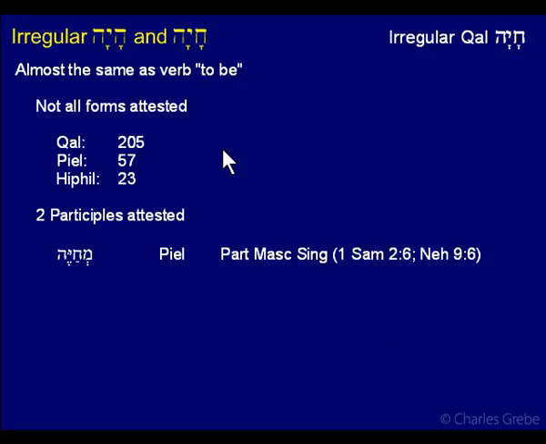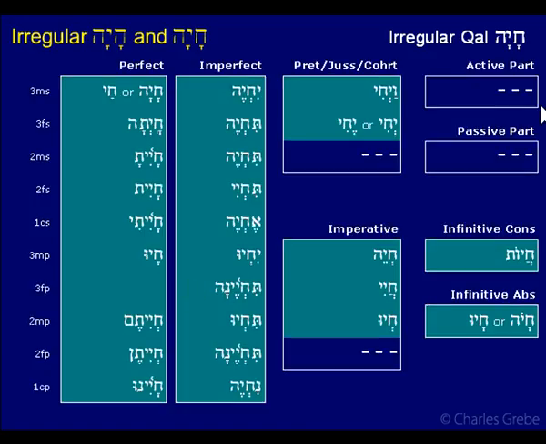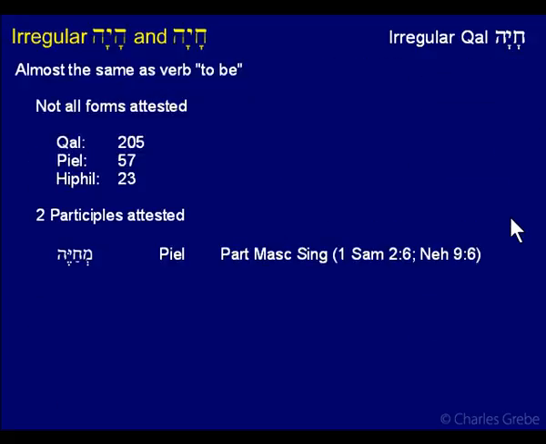Again, not all forms are attested. Certainly fewer than Haya, but we have it in the kal, the piel in the hifil, nothing in nifal. And I found two participles. Again, Ross doesn't have any listed in his paradigm, so I didn't put any here. But I found two, which is probably why he doesn't include it, because it's next to nothing.